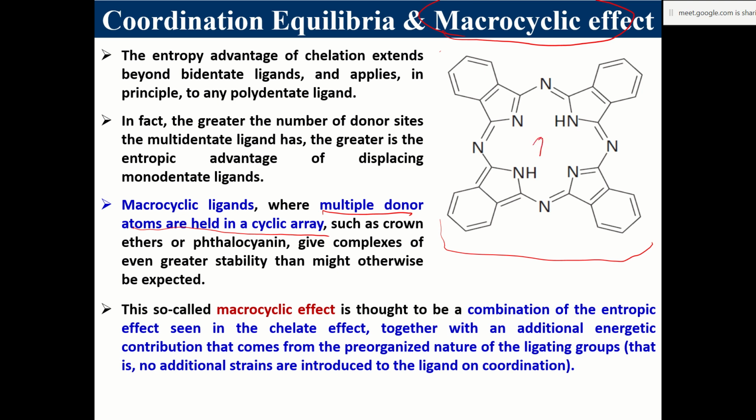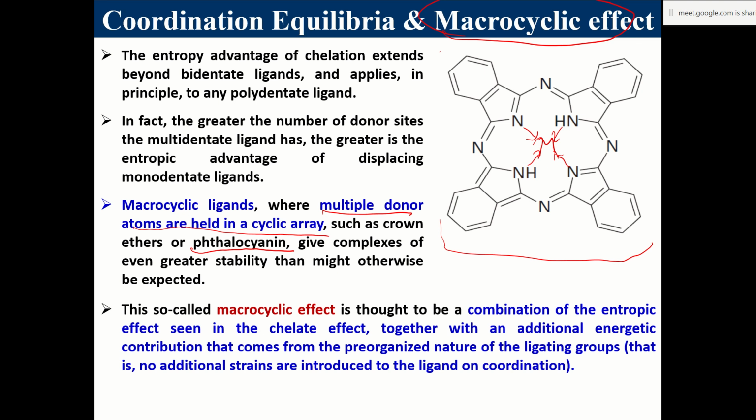So the metal will come and the donation will happen. So this kind of thing. There are two things here. This is a phthalocyanine ring which you are seeing here. So it has all the benefits of the chelate effect that you have seen previously.